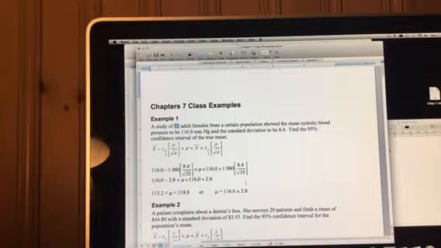That example was chosen for a reason, because that number comes back here. When you're doing a large sample or known standard deviation example, and you want a 95% confidence interval, this z of alpha over 2 number will always go to 1.960.